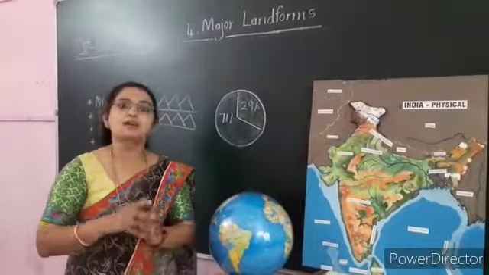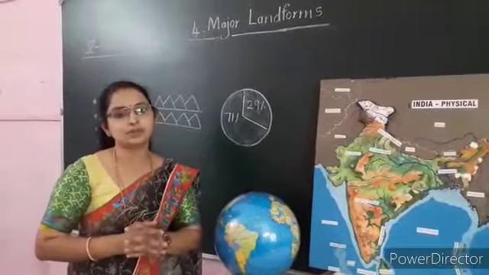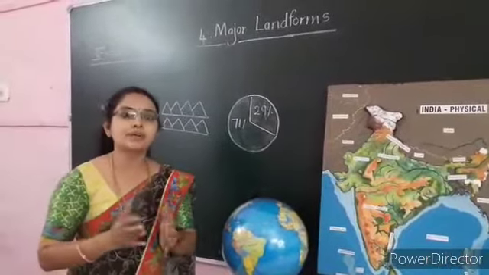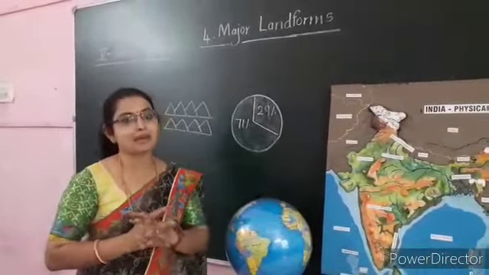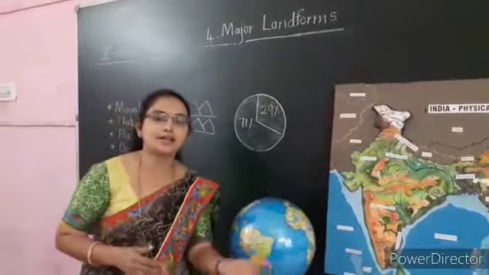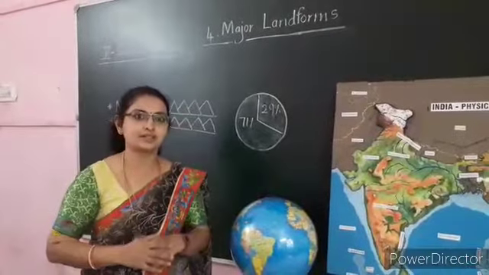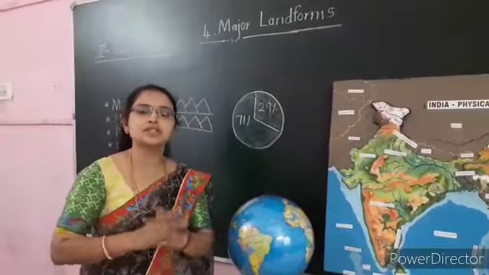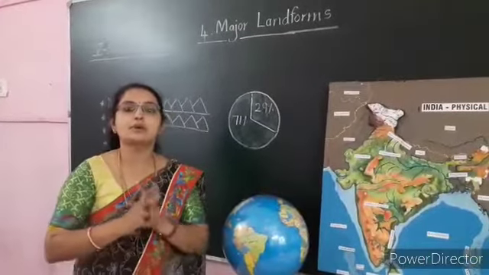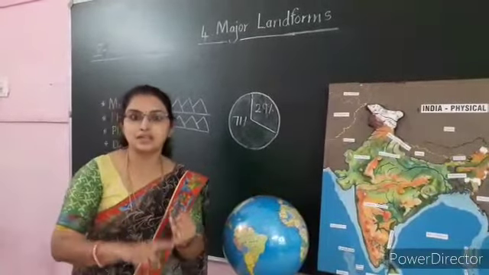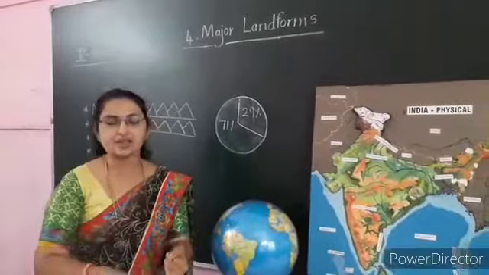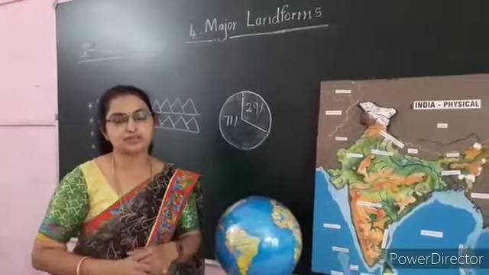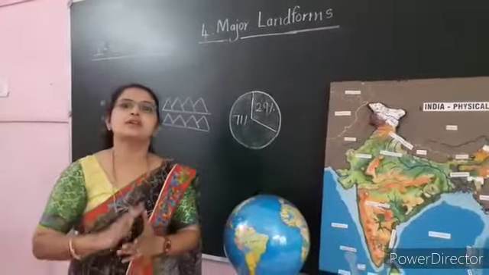Despite this, mountains are also useful to us. Mountains act as a barrier against hot and cold winds. Rivers originating in mountains provide water for irrigation, drinking, and some other occupations throughout the year.